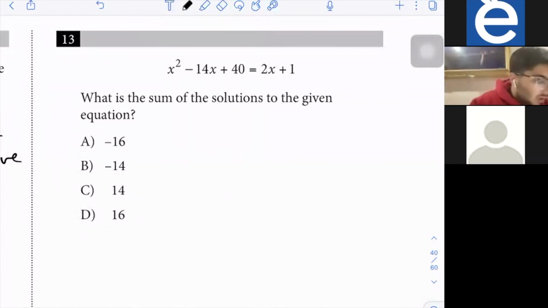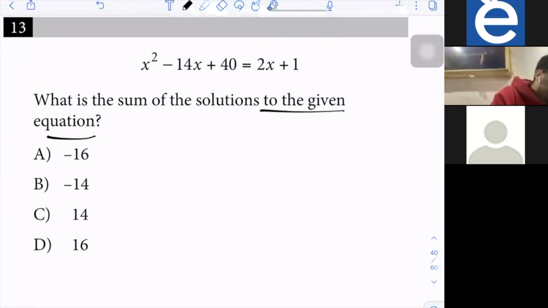Question 13. What is the sum of the solutions to the given equation? So this is one of the more complicated questions, but we can figure this out. The first step to solving this question would be getting everything to one side.